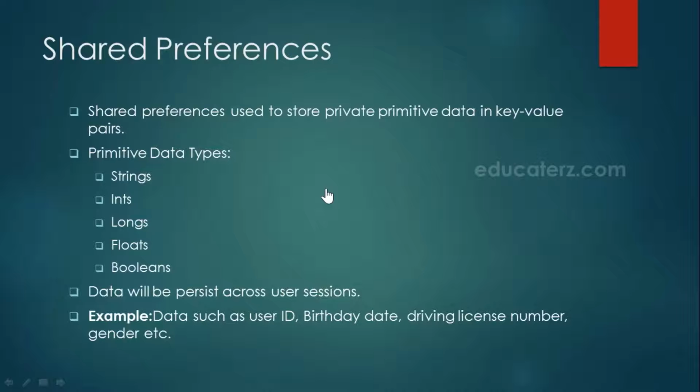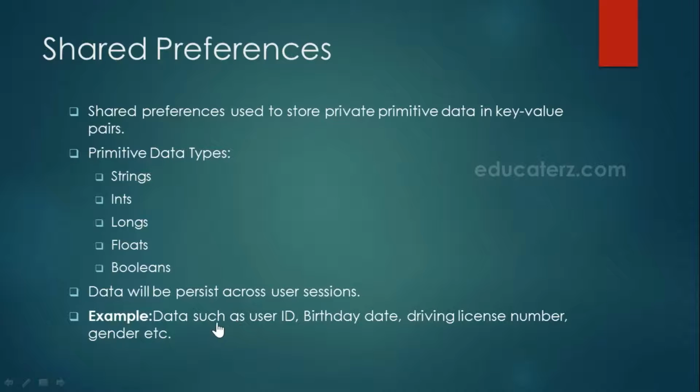For example, the key is bank account number, the value is the corresponding number. The key is password, the value is the corresponding password value. We store it in a key value mechanism, and this data will be persistent across user sessions. Even if our application is killed, the data will be available.